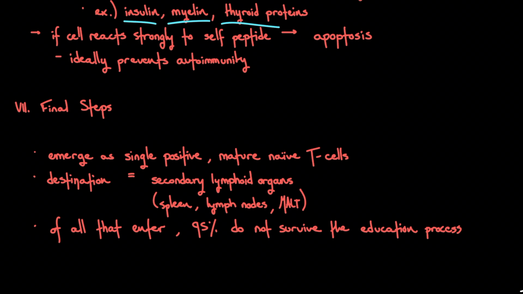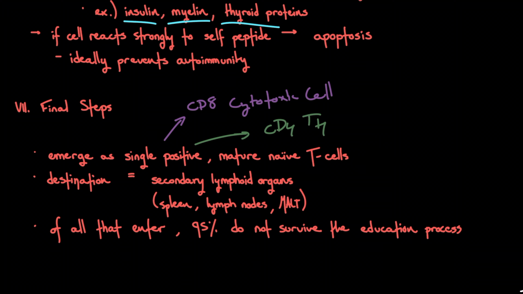So again, that can either be a CD8 cytotoxic T cell, or a CD4 T helper cell. And the destination is the same as the B cells was. To the spleen, the lymph nodes, the MALTs, just a diffuse adaptive coverage throughout the body.